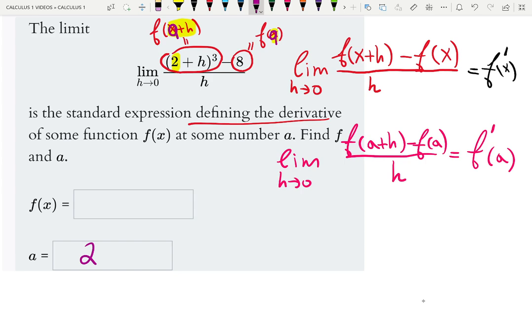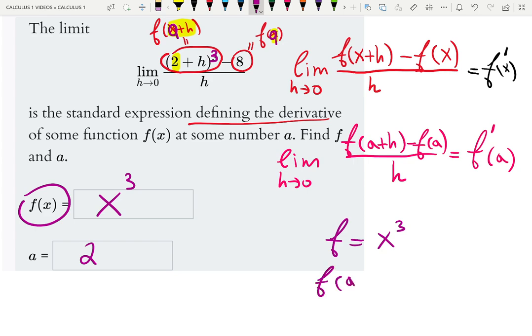Well, that should match with the idea of what the function is. What was f originally? I see that the whole input 2 plus h was cubed, right? That gives me the idea that f of x is indeed x cubed. Let's check if that is true. F of x is x cubed.